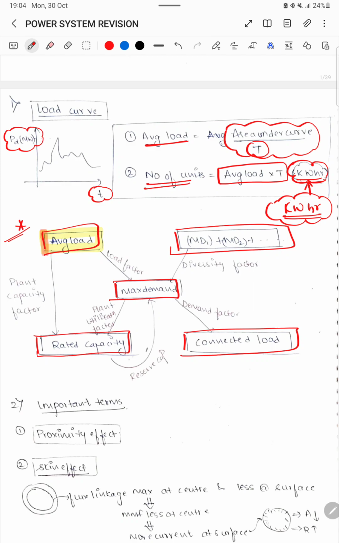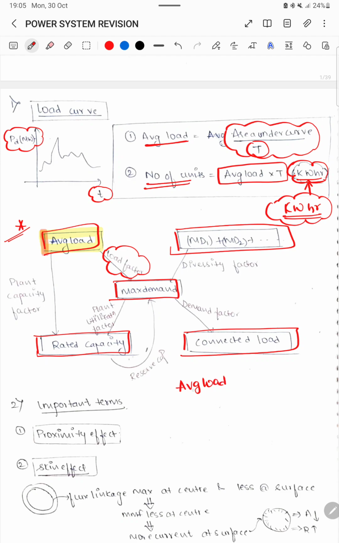So the whole flow is maximum load in center, then coming from left we go in a clockwise direction. So average load, MD1 plus MD2 plus MD3, then down connected load, and then the last one would be rated capacity. Okay, so the shortcut is, let's keep average load as a numerator.